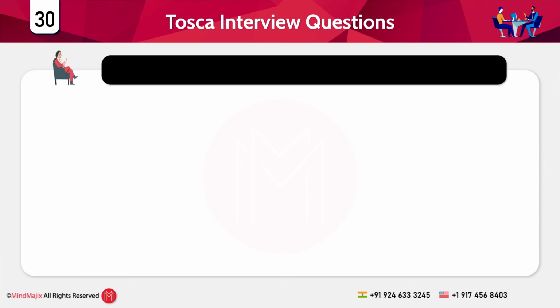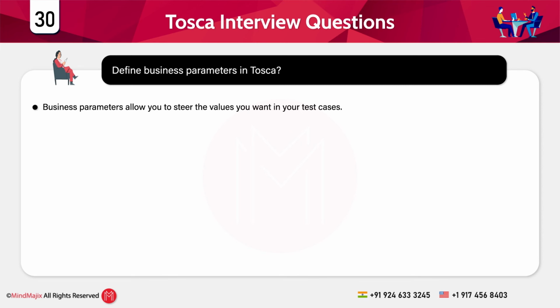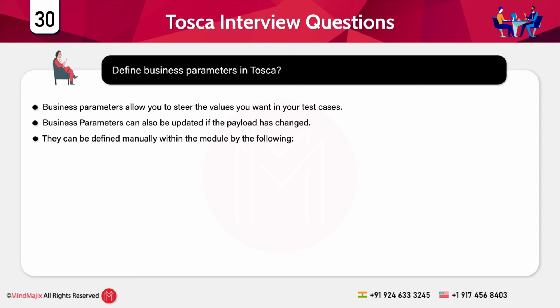The next question is, define business parameters in Tosca. Business parameters allow you to steer the values that you want in your test cases. Business parameters can also be updated if the payload has changed. You can define them manually within the module by following a few steps, such as: XML elements and the attributes in the payload tab, then the JSON data in the payload tab.